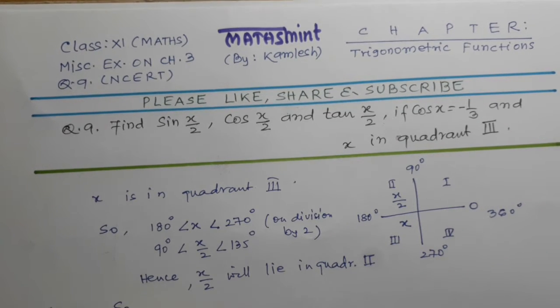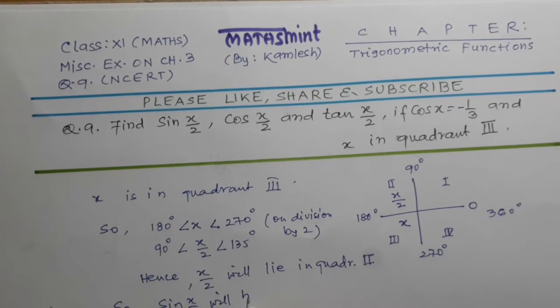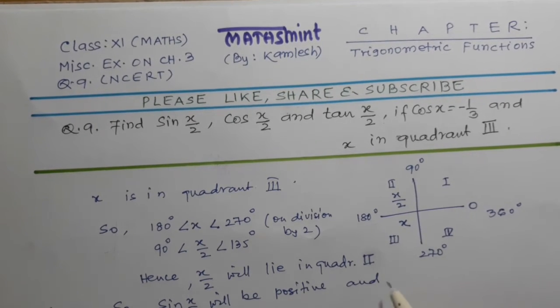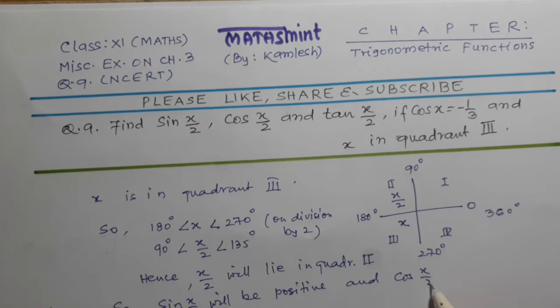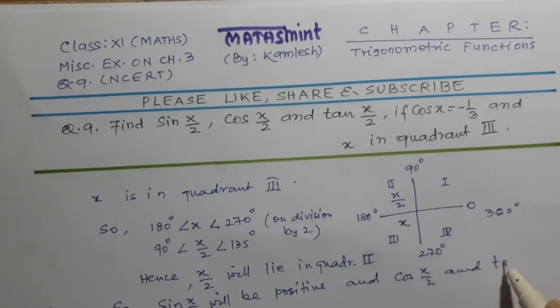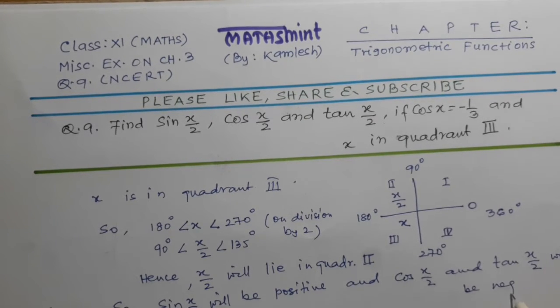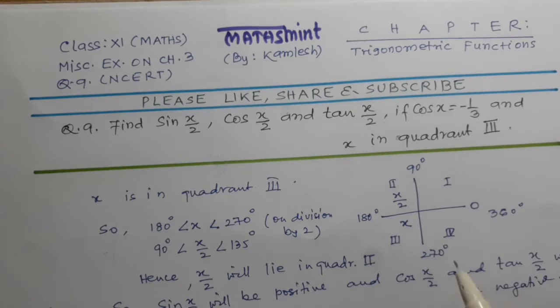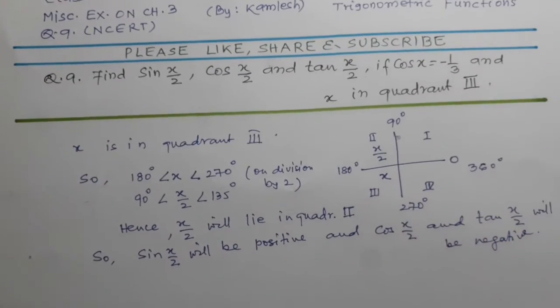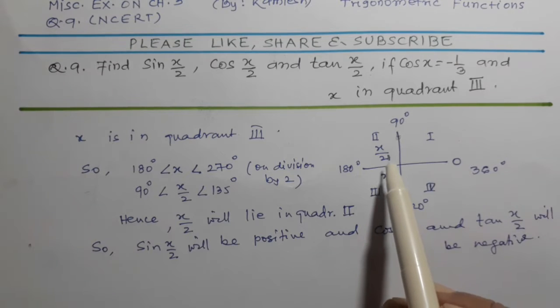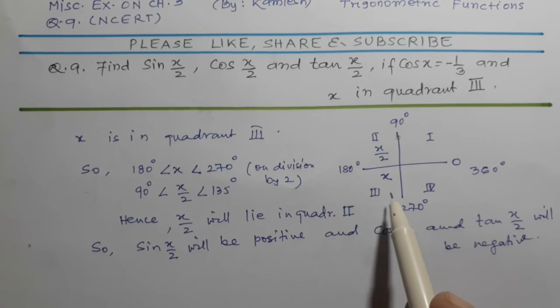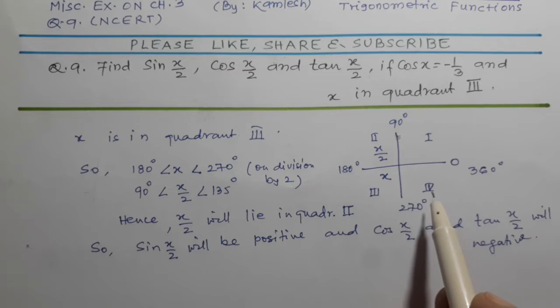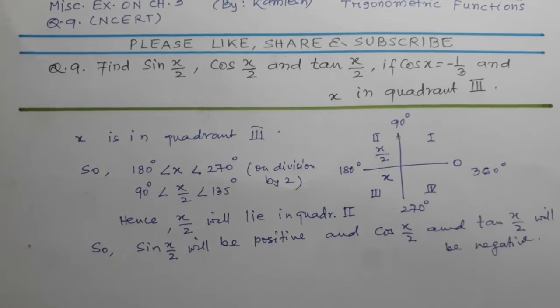So sine x by 2 will be positive and cos x by 2 and tan x by 2 will be negative, because in first quadrant all trigonometric functions are positive, in second quadrant sine and cosec are positive, in third quadrant cot and tan are positive, in fourth quadrant cos and cosec are positive, right?